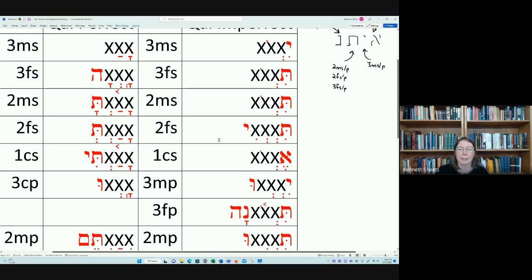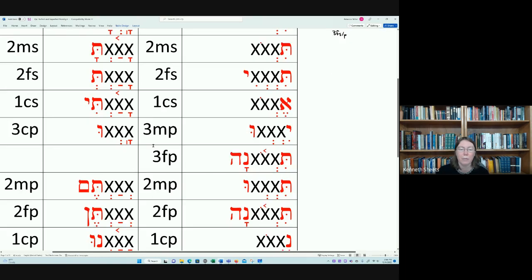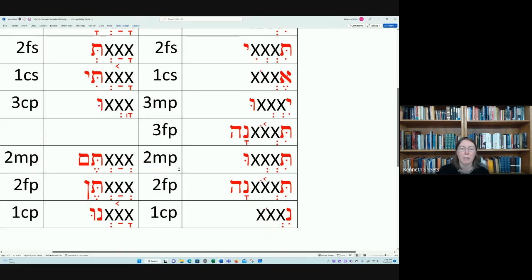Second feminine singular, tiqtli, first common singular, eqtol, third masculine plural, yiqtlu, third feminine plural, tiqtolna, second masculine plural, tiqtlu, second feminine plural, tiqtolna, and first common plural, niqtol.